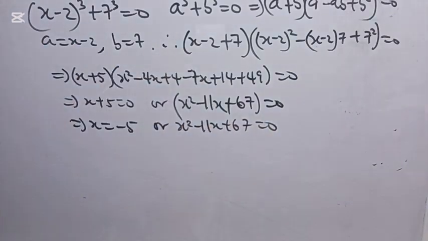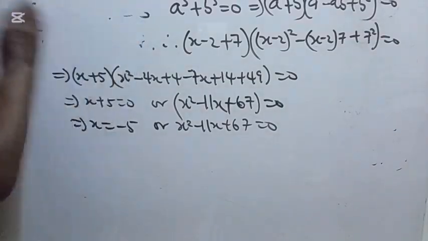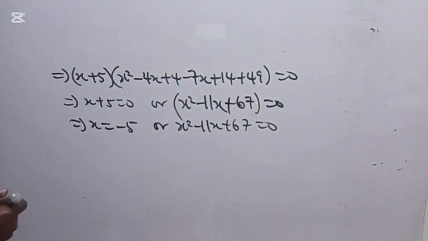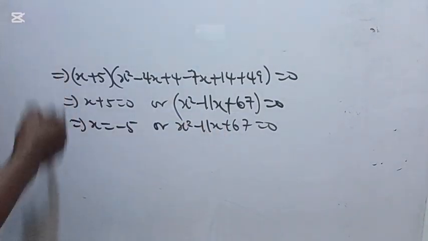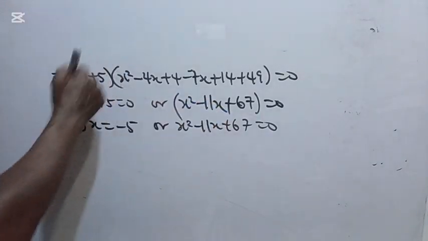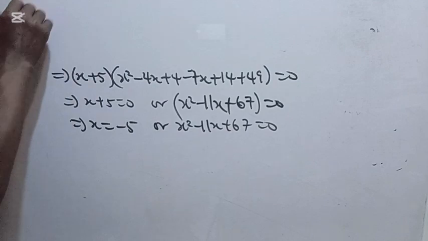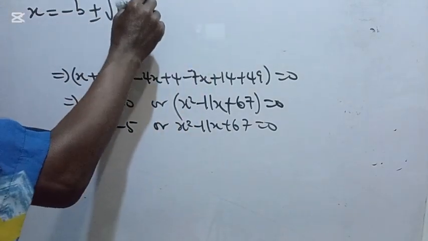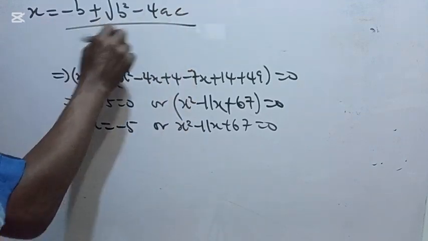So let's solve this other quadratic equation. We have gotten minus 5 as one value of x. Now we can't factorize this because factors of 67 will not give us 11. 67 is 67 times 1, so that will be pretty difficult. So we use x equals minus b plus or minus square root of b squared minus 4ac, all over 2a.